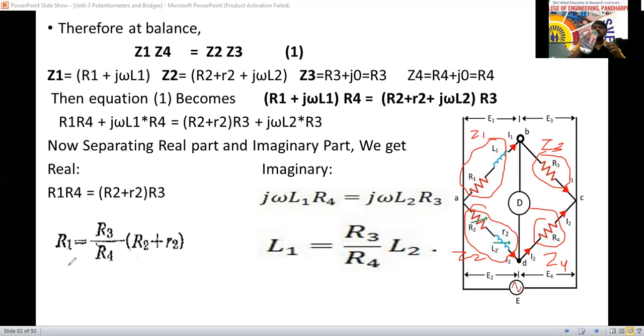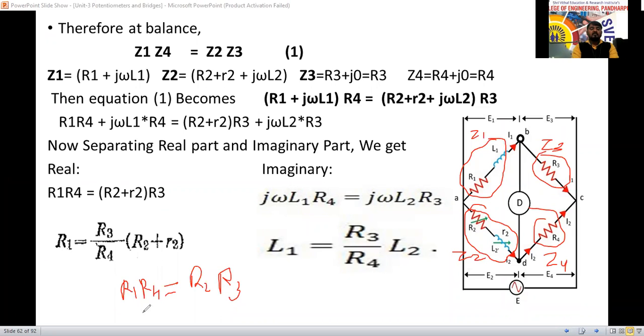Any one of you? I'm asking you only. See, all of you have studied the Wheatstone bridge. In the Wheatstone bridge, we know that R1, R4 equal to R2, R3. We have derived this equation.